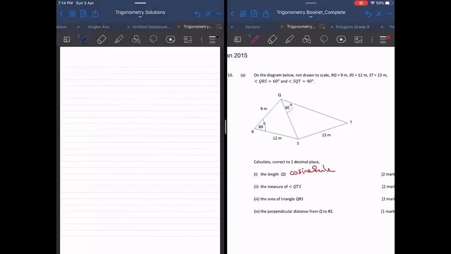So a reminder how the cosine rule works.